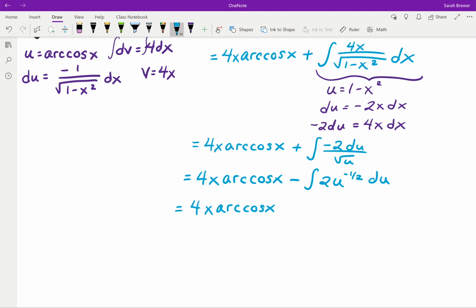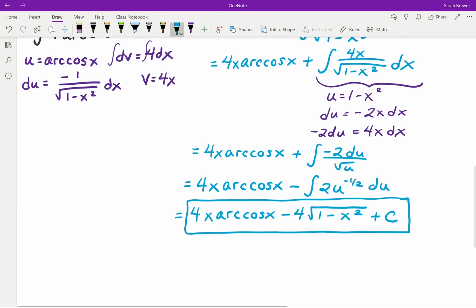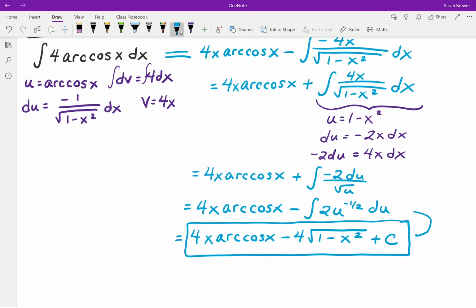And so we're looking at 2 divided by 1/2, which is 4, times u to the 1/2, which is the square root, and I'm just going to go ahead and substitute back in my u, which is 1 minus x squared, and I'm going to add my plus C. And if I skip too many steps going from here to here, see if you can fill them in on your own.